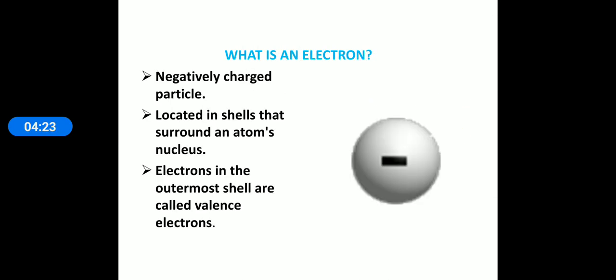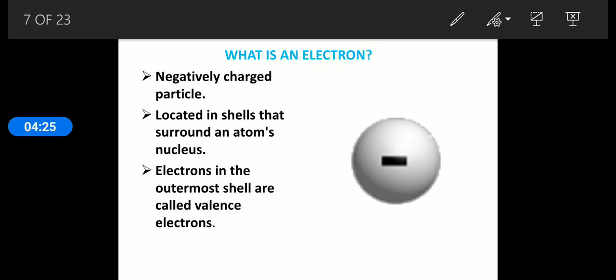Then what are electrons? Electrons have negative charge. They are located in the shell that surrounds an atom's nucleus. The electrons in the outermost shell or orbit are called valence electrons. That is, the electrons contained in the outermost orbit are called valence electrons.